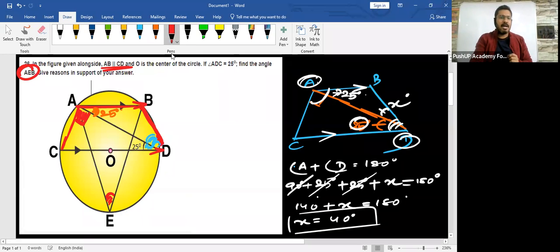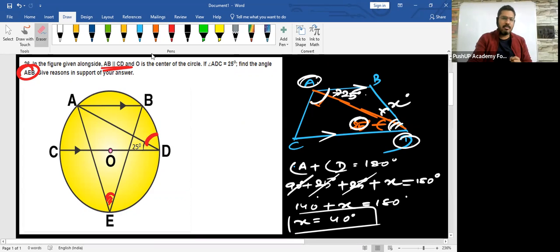So children, I was able to find how much is angle ADB. How much is it? 40 degrees.